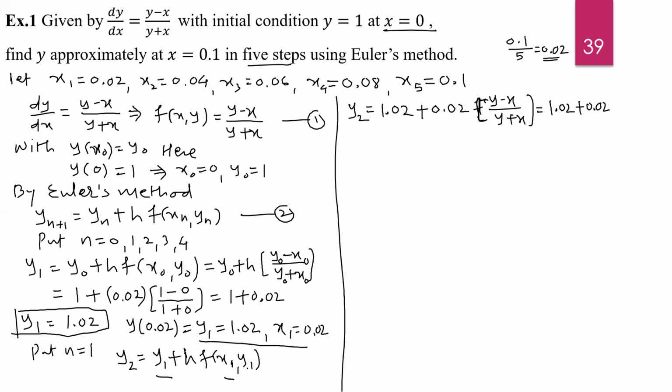See, this is the x1 comma y1 point, so here suffix 1, suffix 1, suffix 1, suffix 1. Now the value of y1 is 1.02.